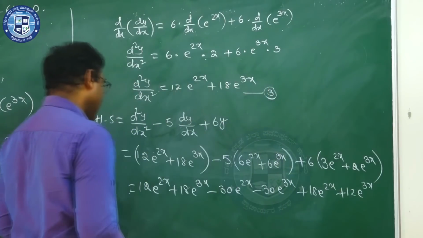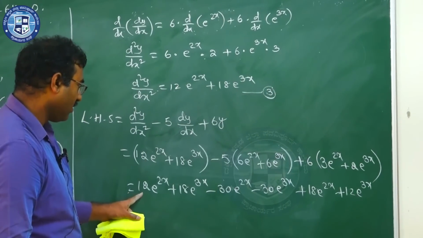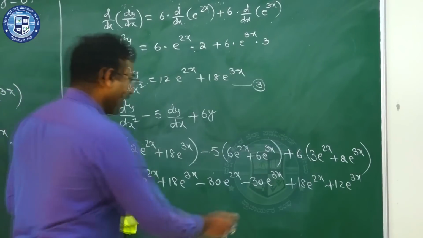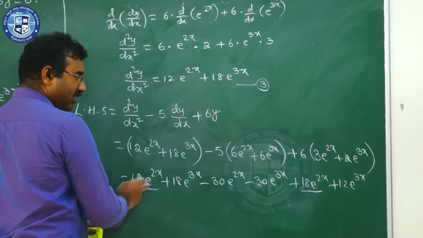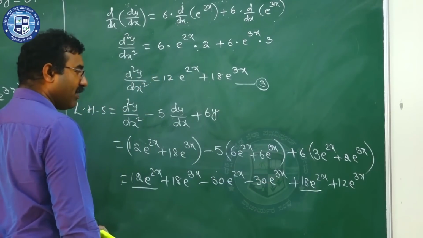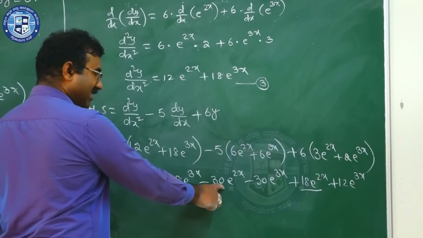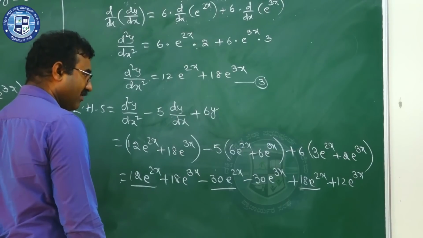Now see that 12 e power 2x, okay, and 18 e power 2x. So it becomes 30 e power 2x, and with this it gets cancelled, right? So all these things get cancelled.